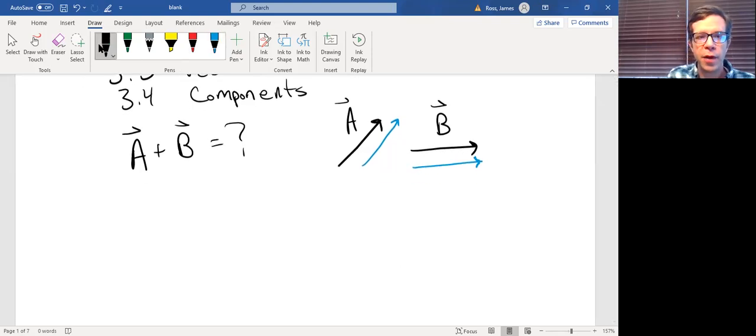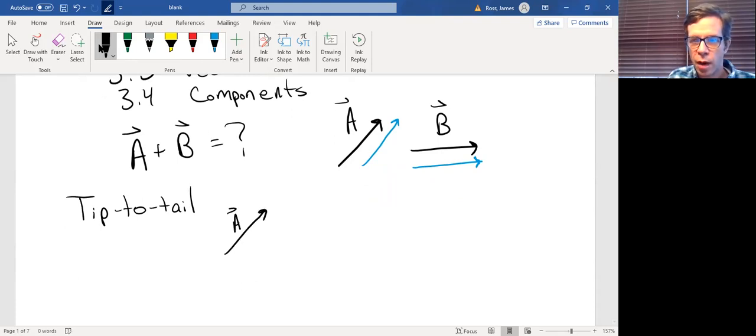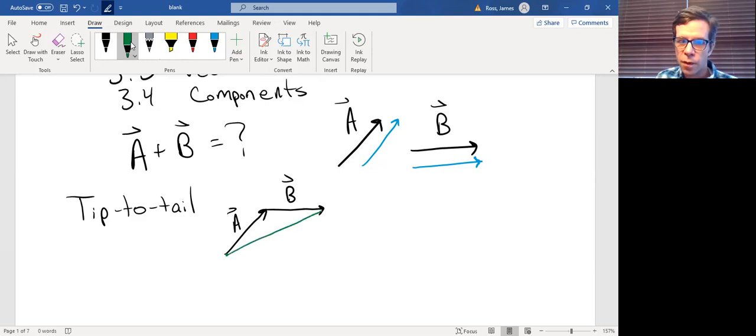So when we talk about adding vectors, we can use the tip to tail method, which means that I copy one of the vectors and I place it at the end of the other vector and I add them together. Then the resulting vector would be from the start of the first one to the end of the second one.